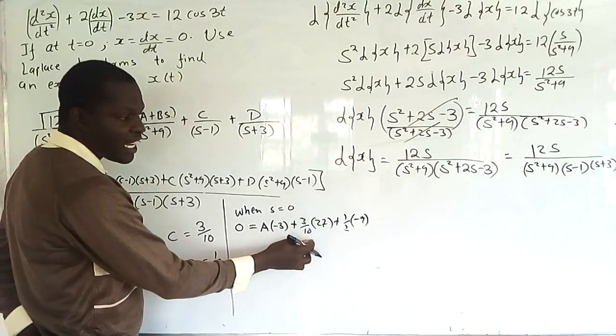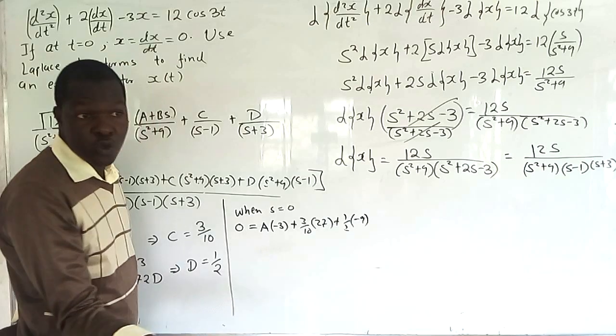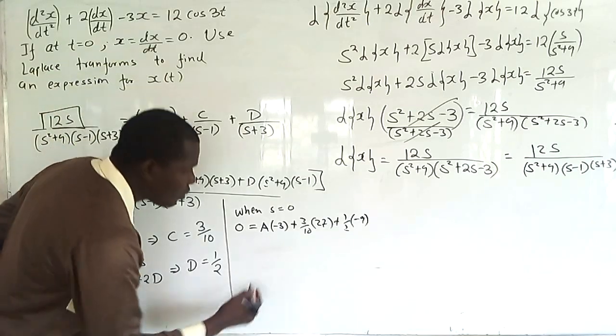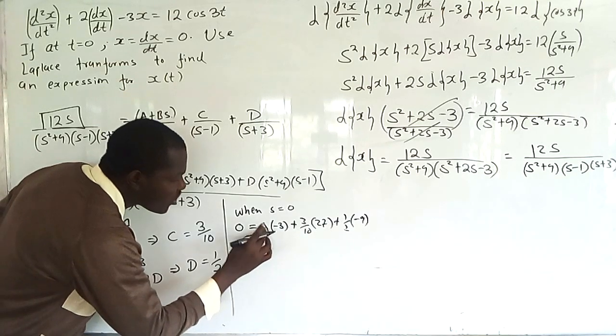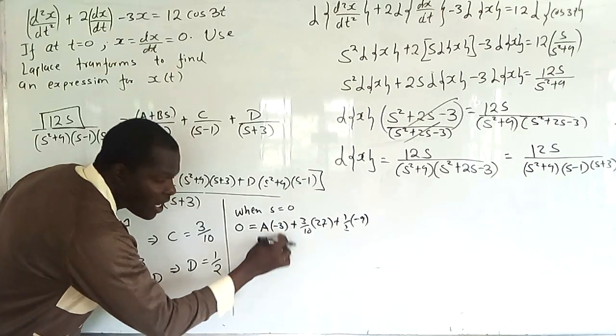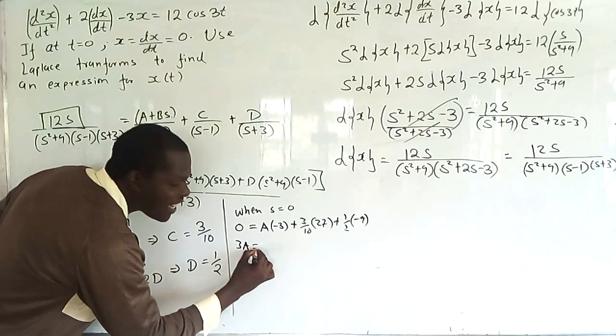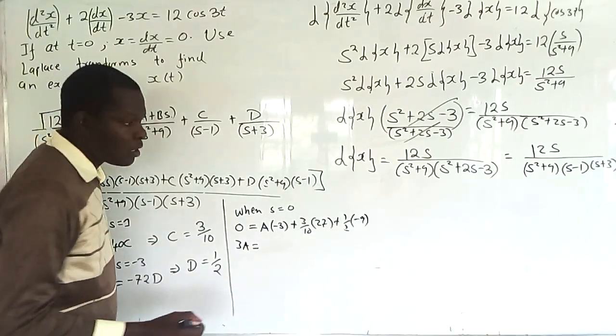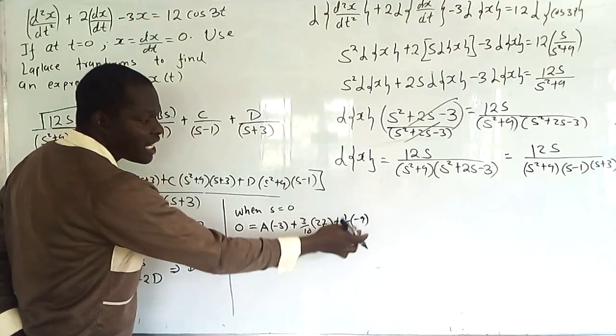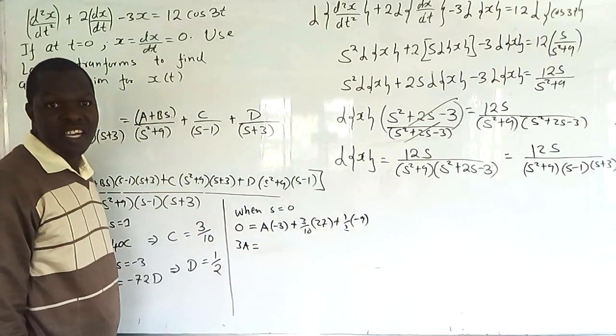This is 81 over 10 minus 18 over 2. So what do you get? So this is negative 3A. When it comes this side, it becomes positive 3A, isn't it? Then this side you remain with that, which you found to be 81 over 10, negative 18 over 5. That is 11 over 10.